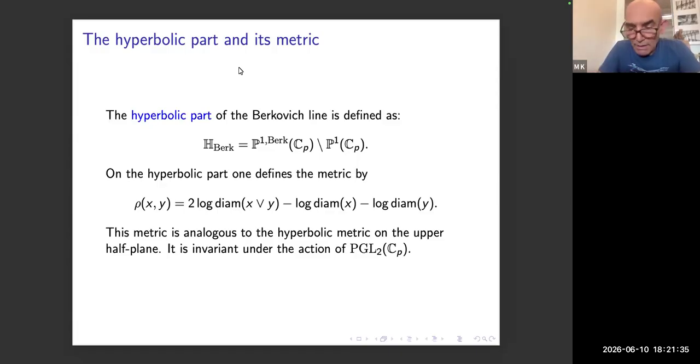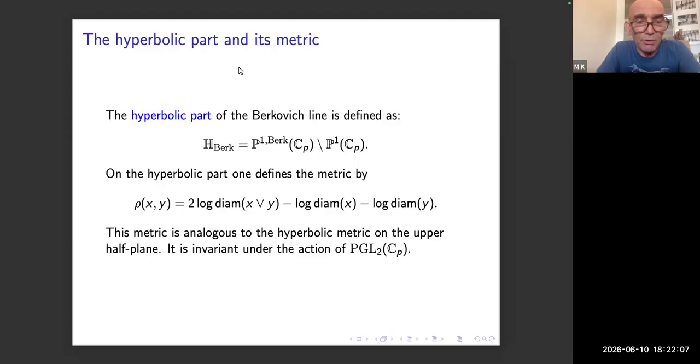So if you look at the unit disk, there are different metrics on the unit disk. Of course, there is the usual Euclidean metric, which is totally useless. But then there is this hyperbolic metric. For example, if you take Klein's model, there is a formula for the hyperbolic distance between 2 points in the unit disk, and this corresponds to that.